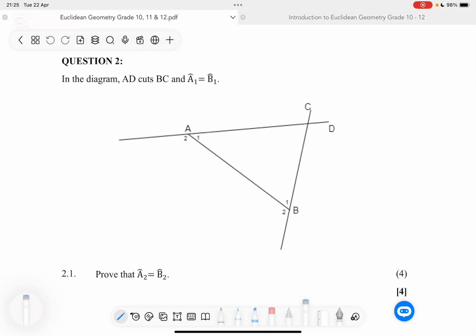Now, if we look at our diagram, we can also come up with angles by acknowledging the fact that we are given the line BC and I have this angle and this angle. They are next to each other, they are adjacent to each other. So when I add them, they must also be supplementary.